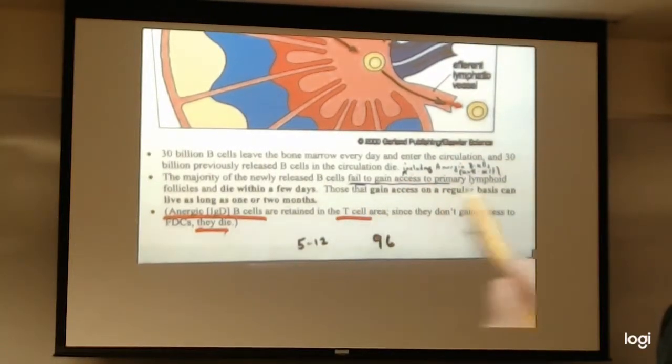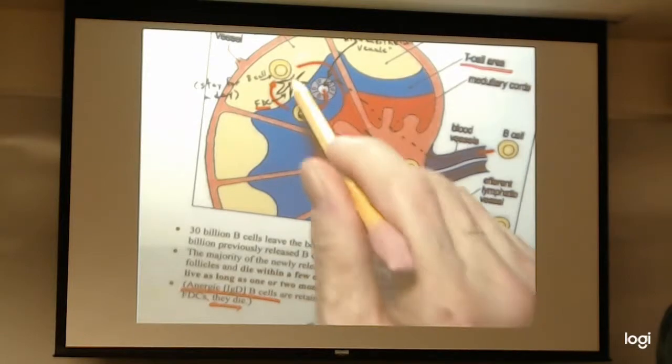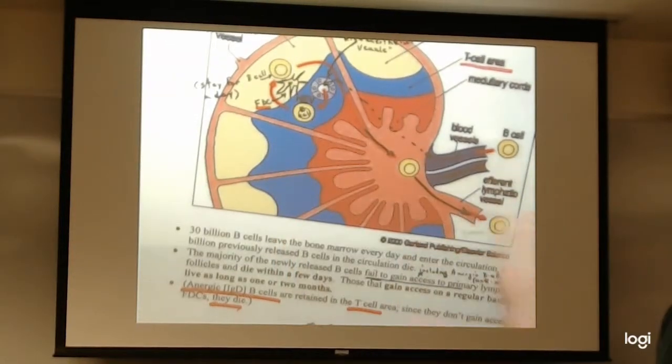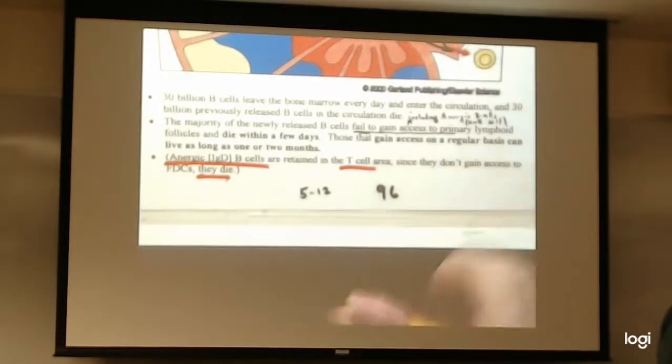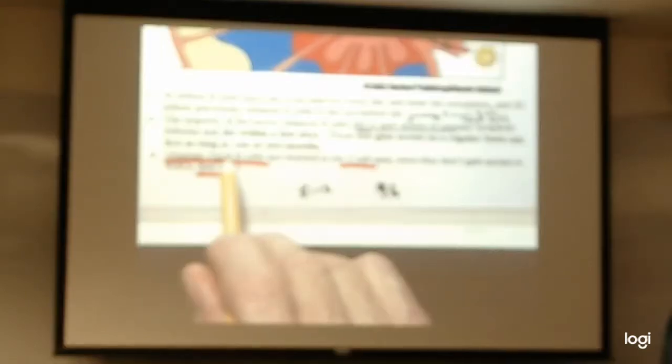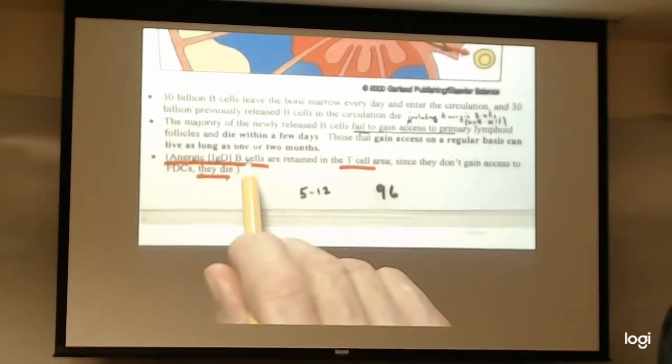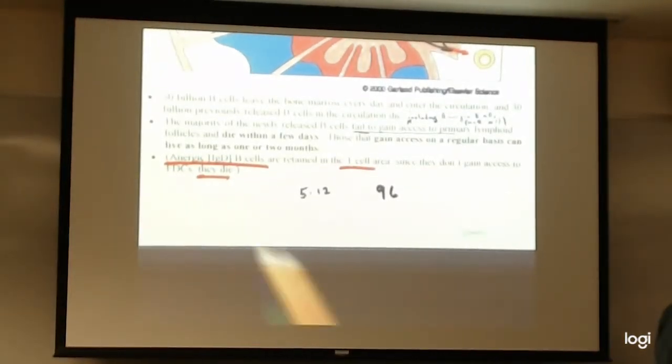Every time they do the tour of the body, back to the heart, tour of the body again, on a regular basis, they do gain access to the FDC cells. Okay. Anergic IgD B cells are retained in the T cell area, and since they don't gain access to the FDCs, they die.